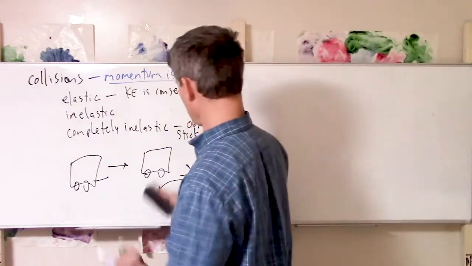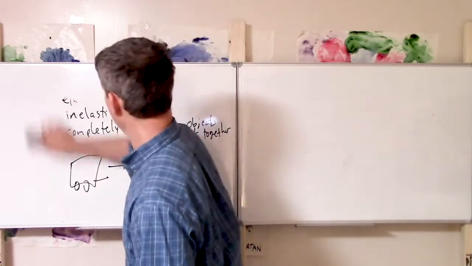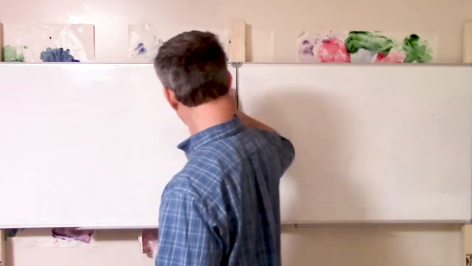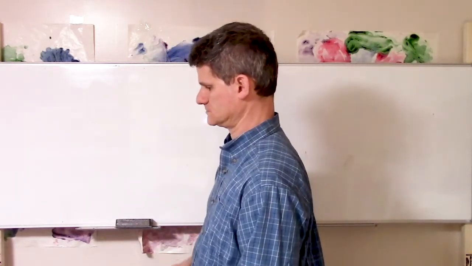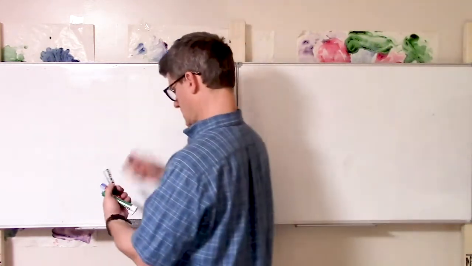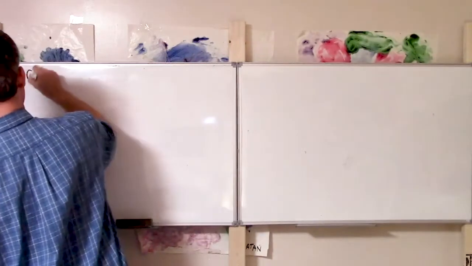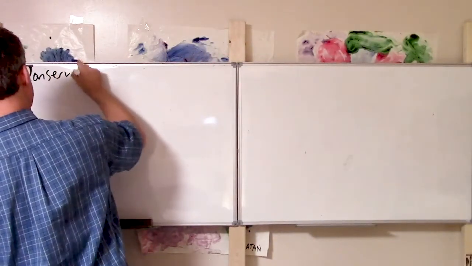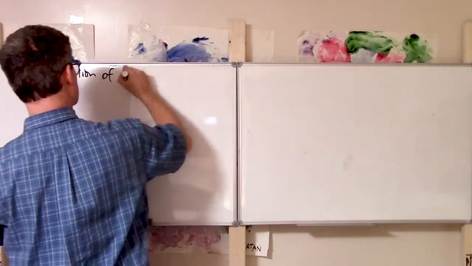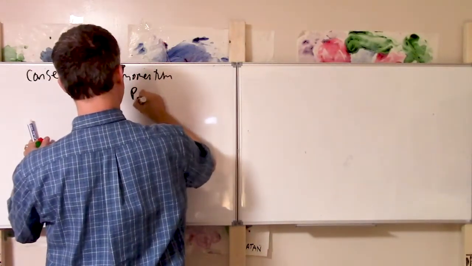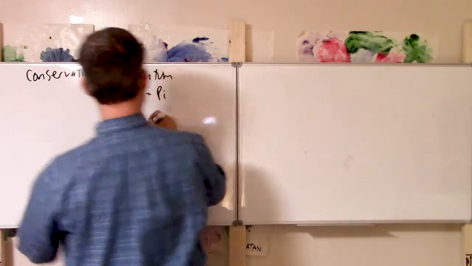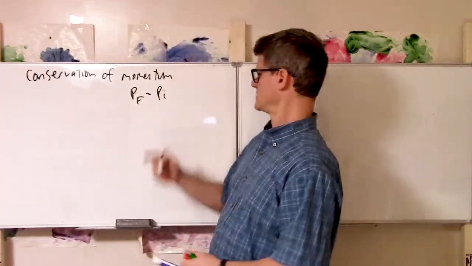All right, so let me erase and we'll do an example of two train cars. So this is conservation of momentum: P final equals P initial. Now I'm writing those as a capital P, although it's hard to tell the difference here.